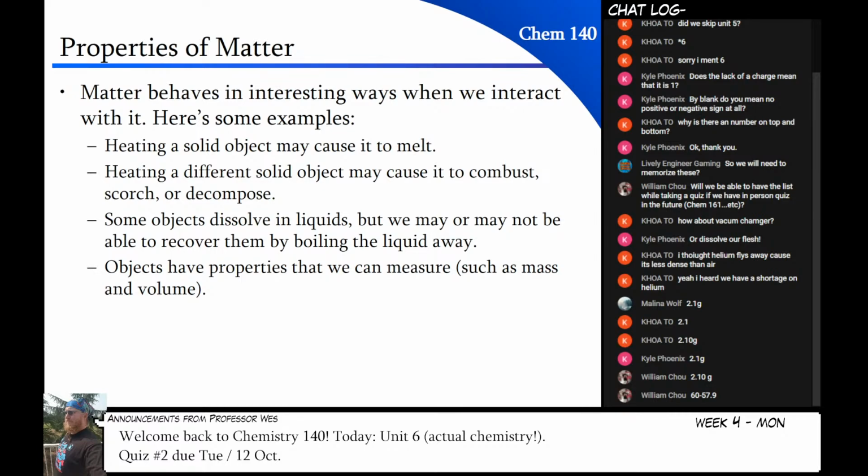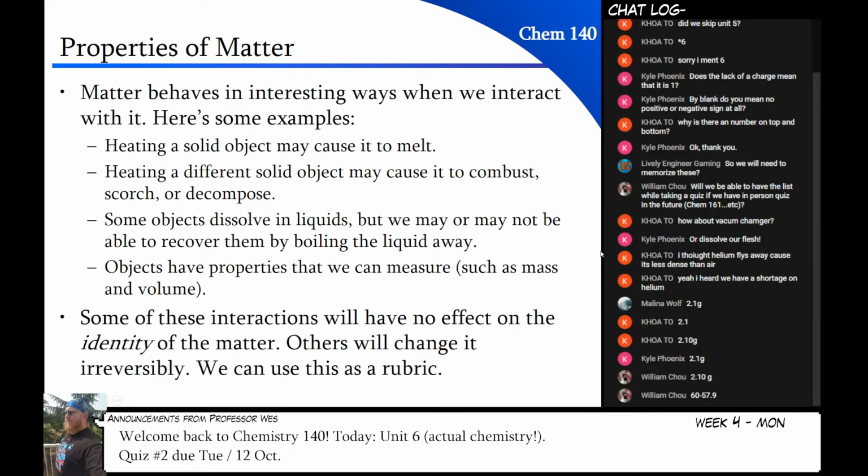Or I could drop it in water or hydrochloric acid. Or I could light it on fire. Or I could bake with it. Or I could crunch it up into a ball and then the cat will bat it around. These are all things that I can do to the foil. Now, what we're going to need to do is find some sort of way to categorize it. And this is what we're going to use as our rubric.